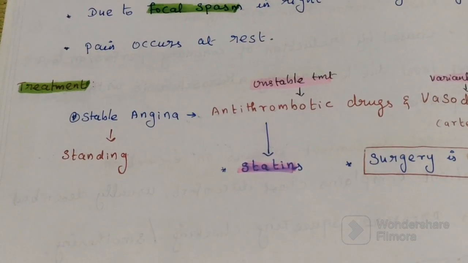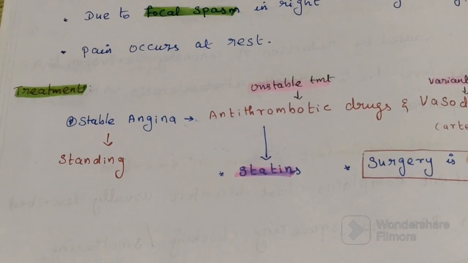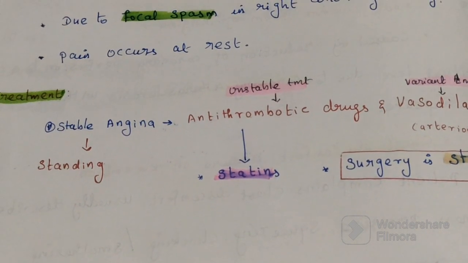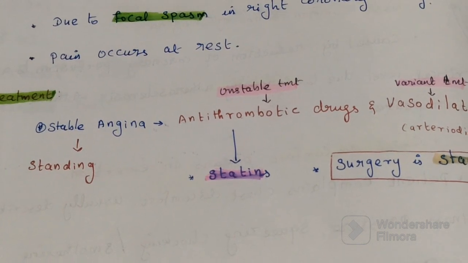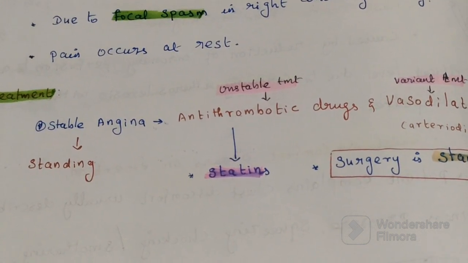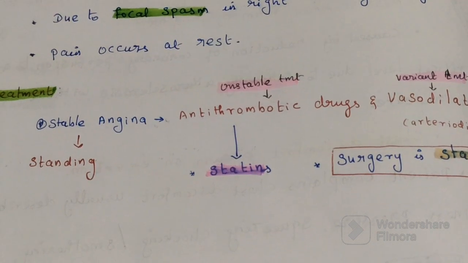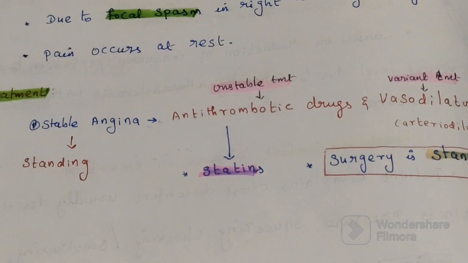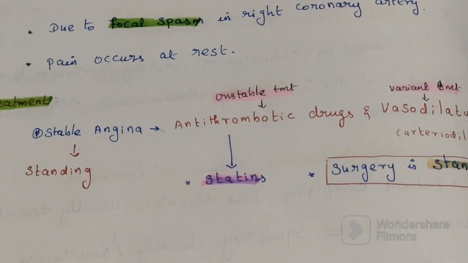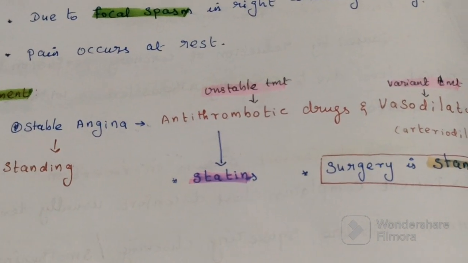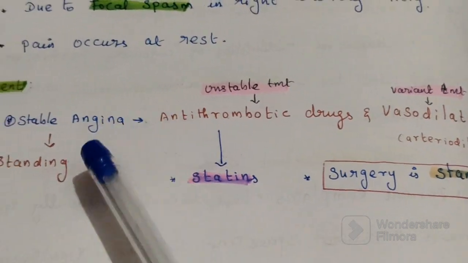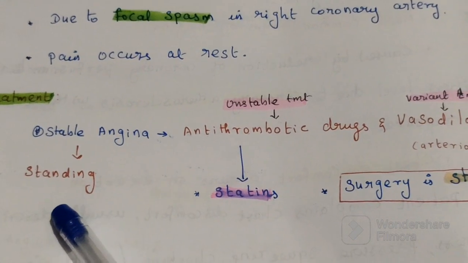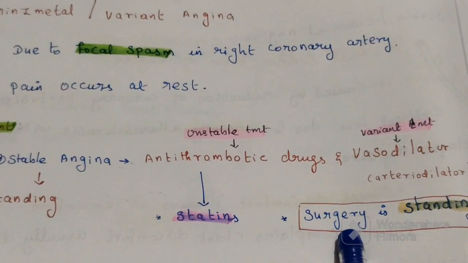The last one is treatment. For stable angina, there is atherosclerosis, so you should do stenting. There is no drug which can dissolve already formed atherosclerosis; you have to dislodge it or do stenting, which is surgery.